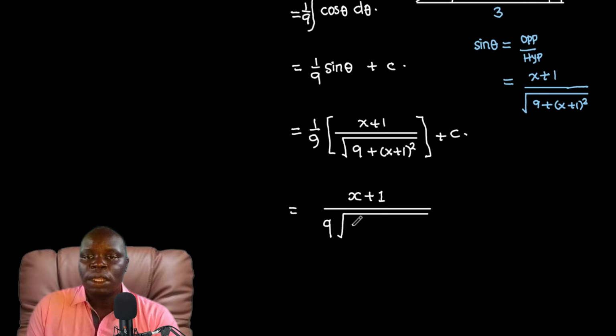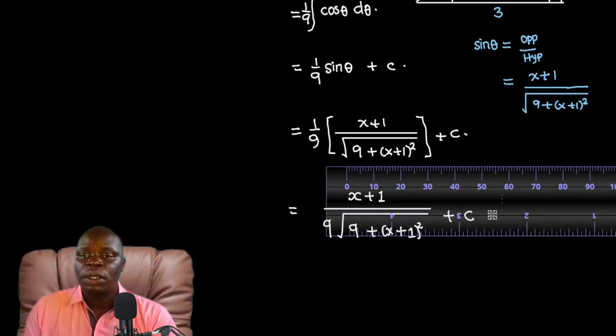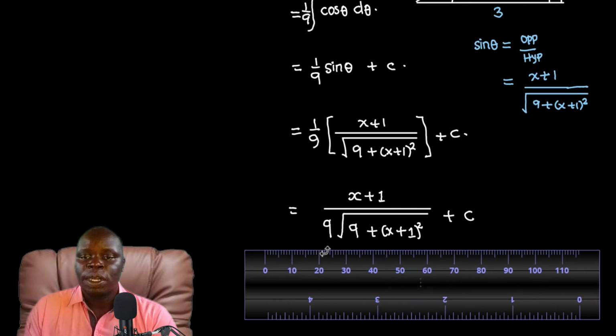So 9 times the square root of 9 plus x plus 1 squared, plus the constant of integration. So this is the complete answer, which has been written in standard form.